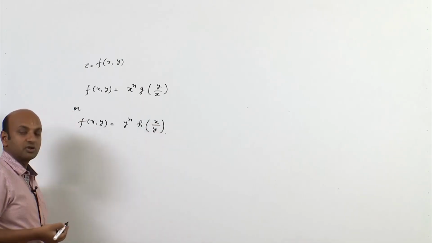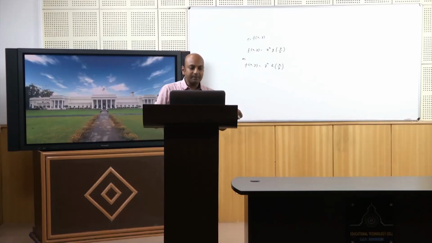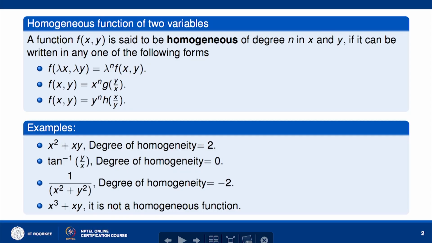Now here are some examples. The first example is a homogeneous function of degree 2. The second example is homogeneous of degree 0, we can easily verify. The third example is a homogeneous function of degree minus 2. The fourth example is not homogeneous.